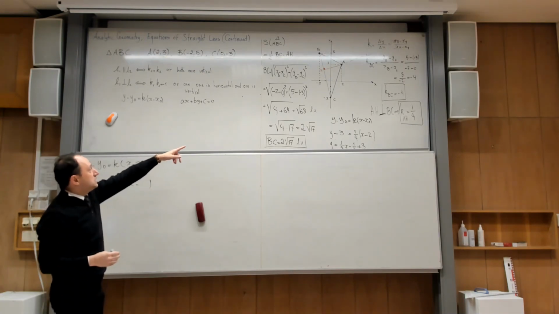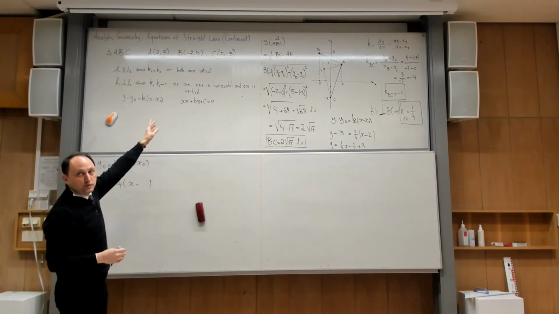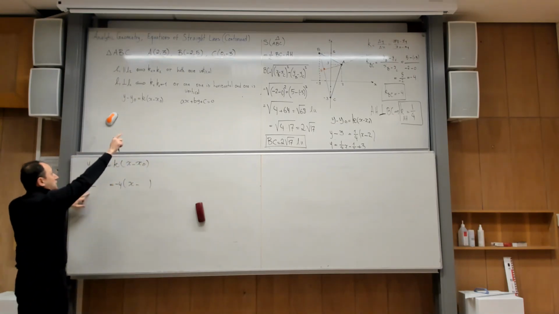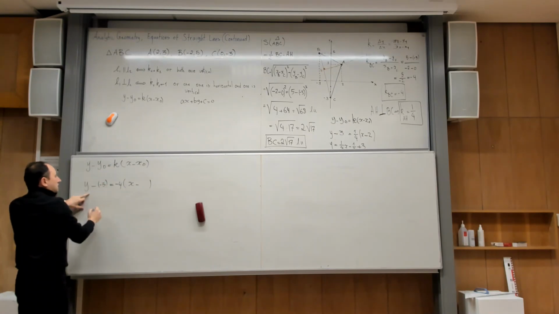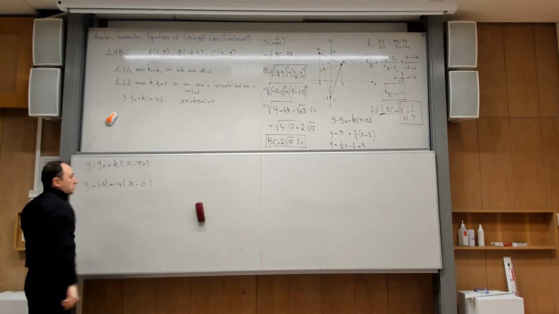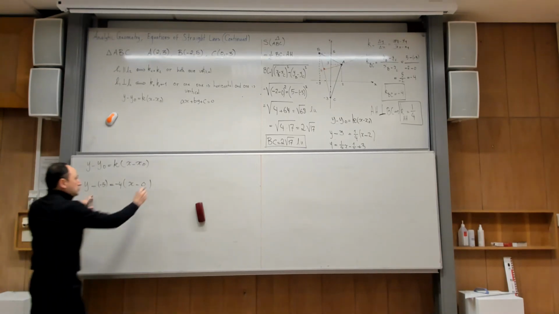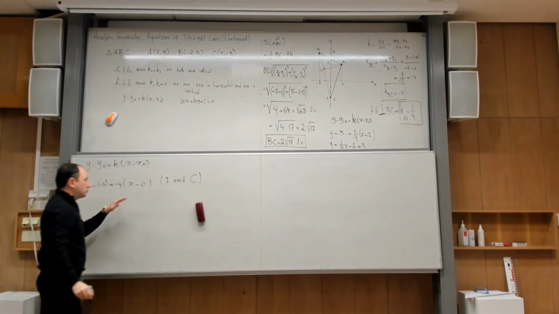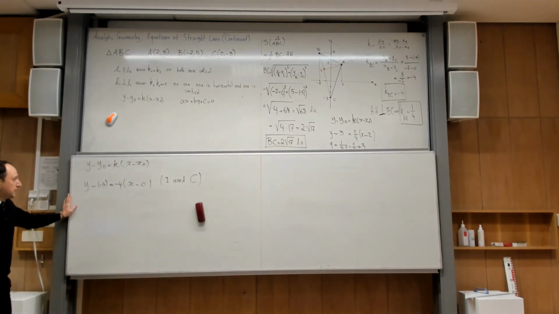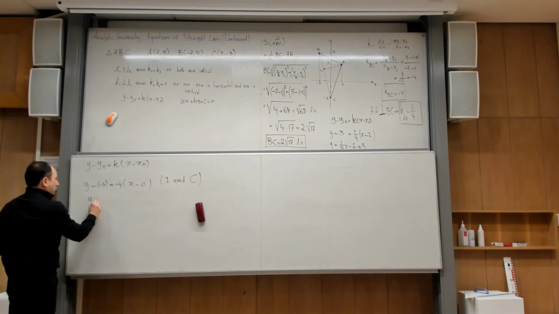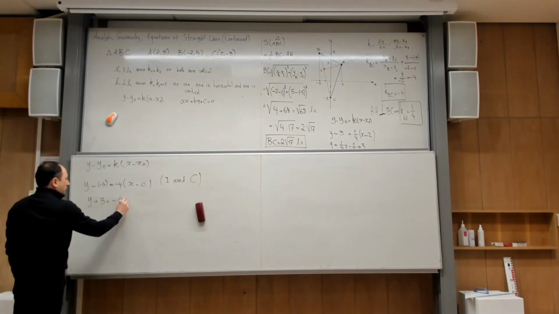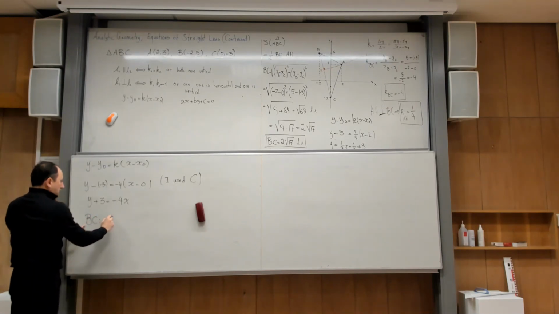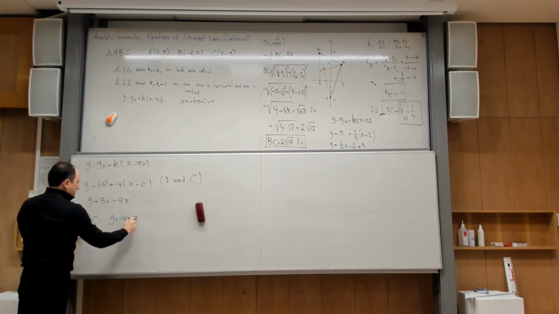For me, because C contains a 0, I prefer to use C. So instead of y node, I put -3, and instead of x node, I put 0. So here I used C. You could use B, it doesn't matter. Let us simplify this. This becomes y plus 3 is -4x. I move this to the other side. So an equation for BC is y equals -4x minus 3.